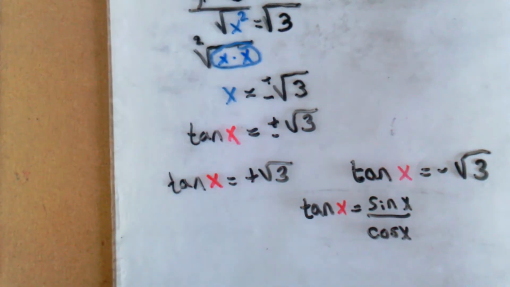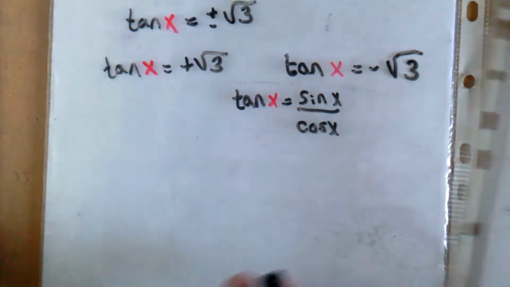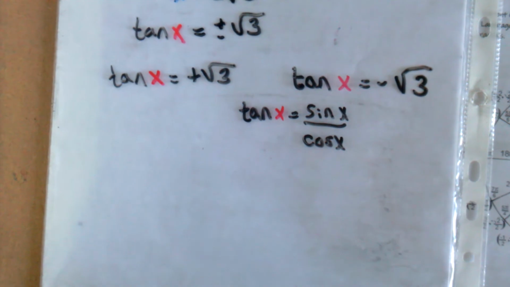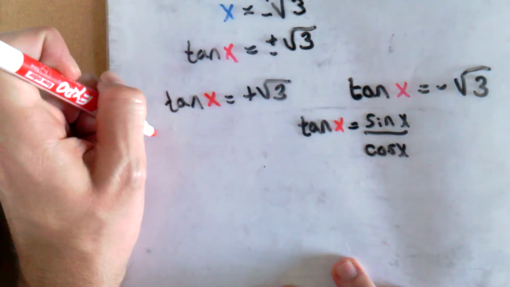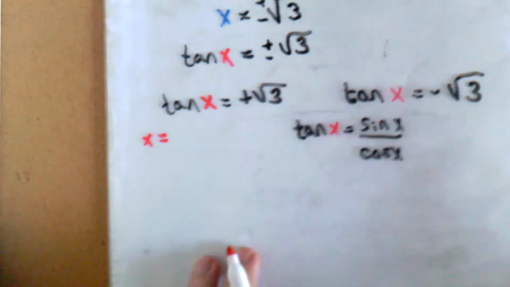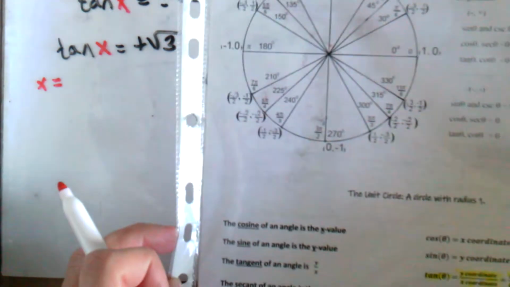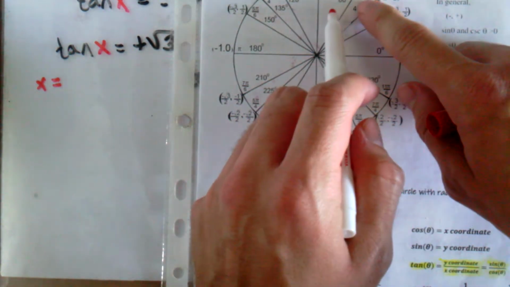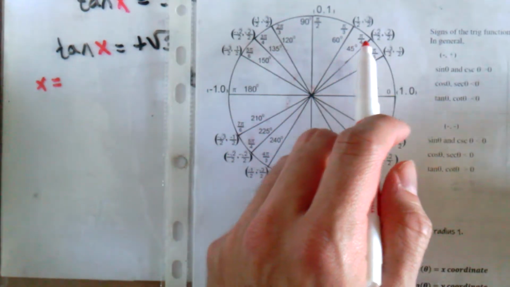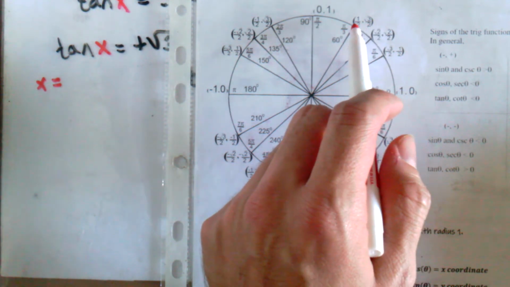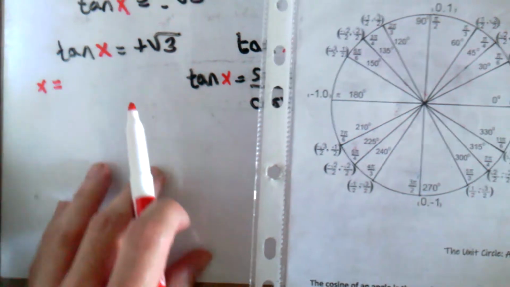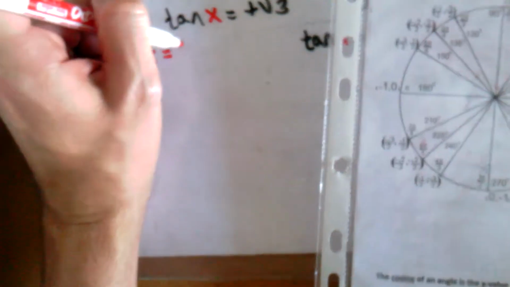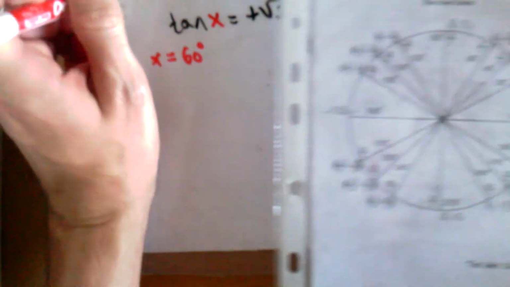If you recall from problem C, we figured out that x was equal to 60 degrees, because sine divided by cosine gave us positive square root of 3. So x was 60 degrees, which is the same thing as pi over 3 radians.